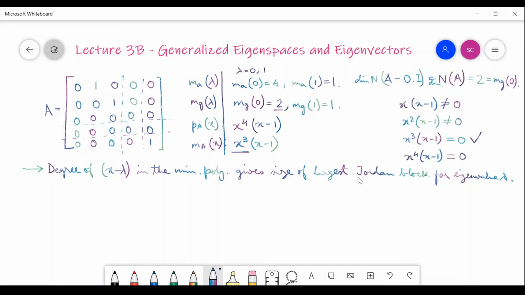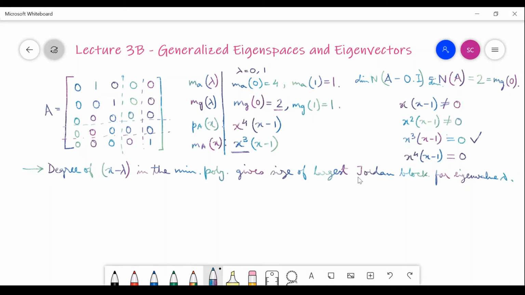Whenever you see that the geometric multiplicity is more than 1, you will have to figure out the size of the largest Jordan block for that eigenvalue.